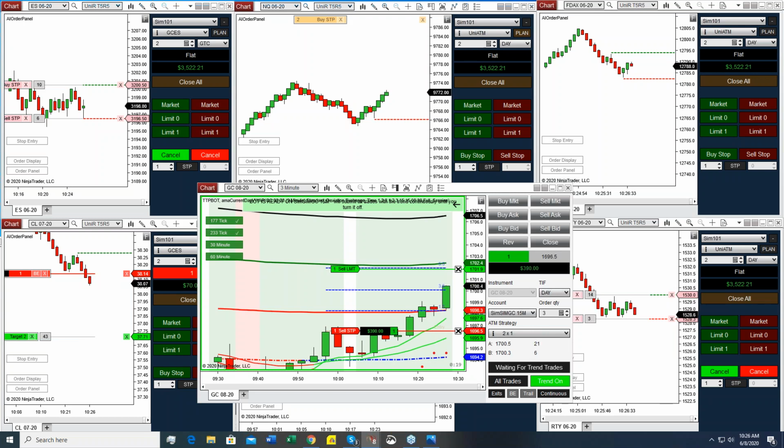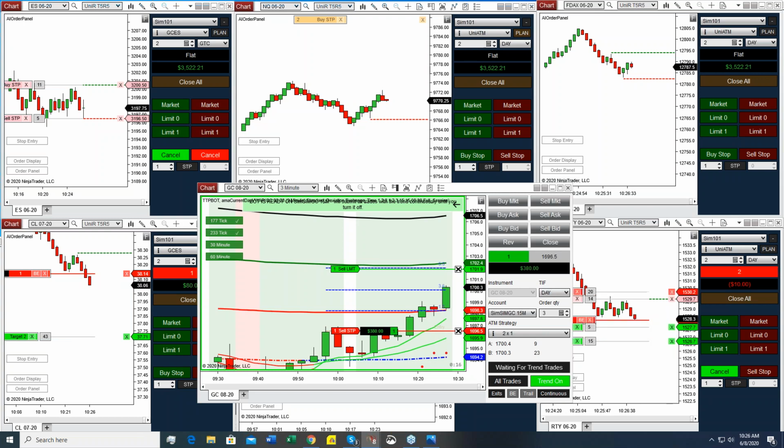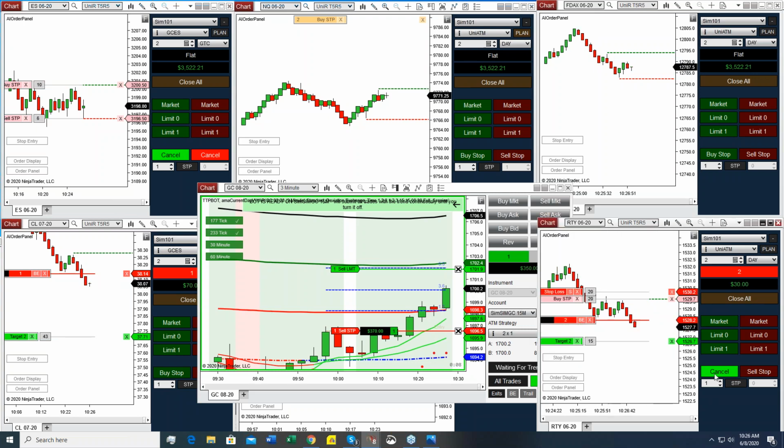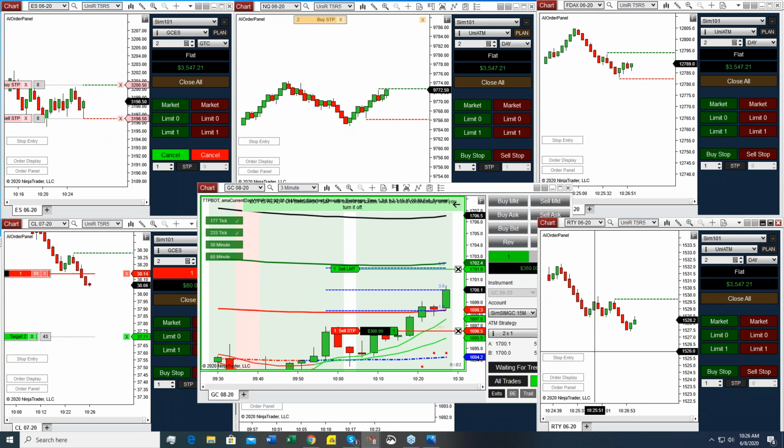Now, I'll tell you this scalping thing, because we're only trading for ticks in the middle, you're not going to want to trade micros with this thing. It's too small.